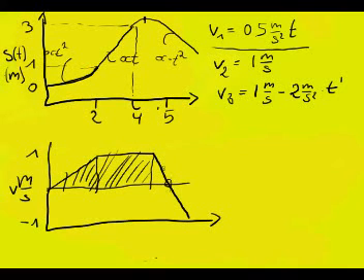The maximum displacement is obtained when the velocity is still positive, or just goes through zero. Here the velocity still increases, that's why the displacement still increases. Once the velocity goes negative, the displacement also decreases.